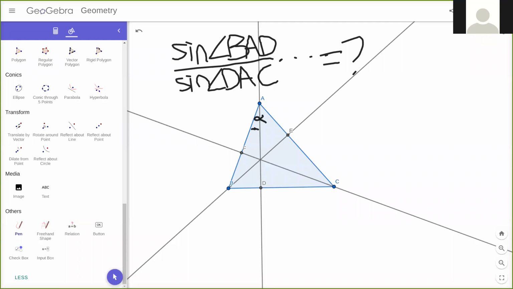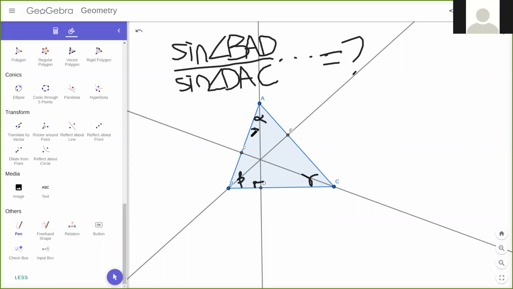Okay, so angle BAD, what is this? We have that angle A is alpha, angle B is beta, and angle C is gamma. So angle BAD, how does this relate to alpha, beta, or gamma? Well, this involves D, and D is a perpendicular.